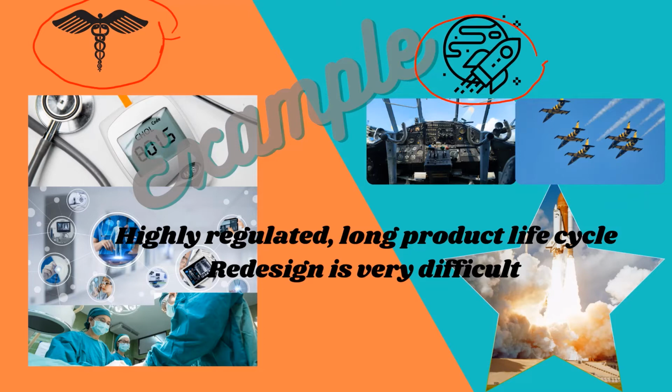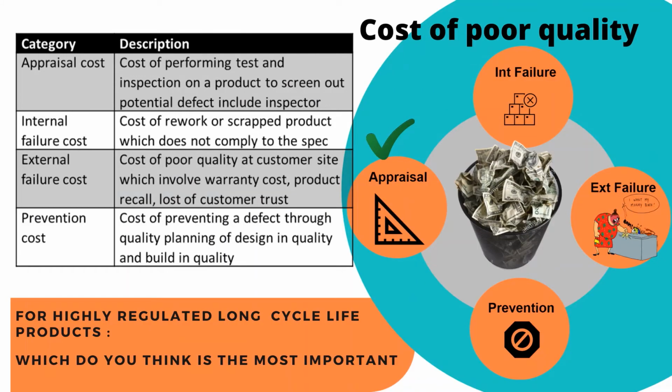The ironic thing is that consumer protection is even more critical for such products as it could cost a human life. So, in this highly regulated, long life cycle type of products, which cost do you think is the most important?